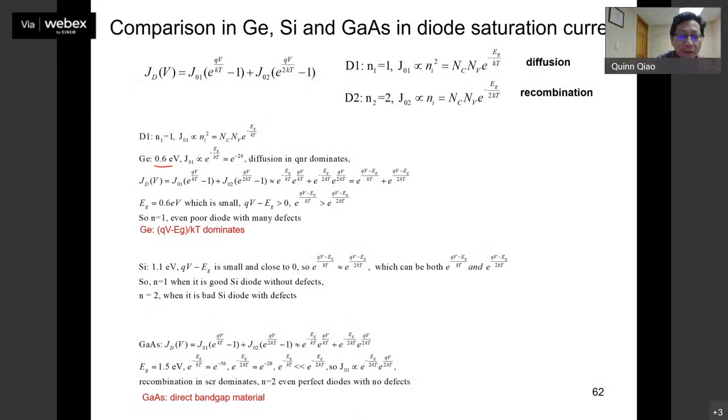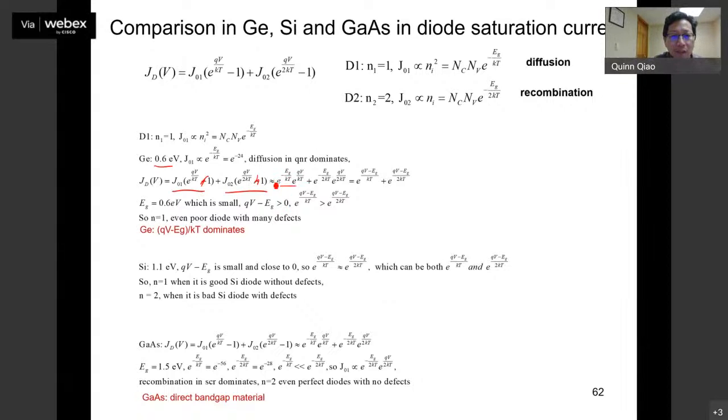Now, before we know which one is dominant, we have to put them together. Your equation should include both the G over 1 and the G over 2 terms. If V is not small, then this exponential should be bigger than 1, so you can drop the 1, and it becomes something like this.